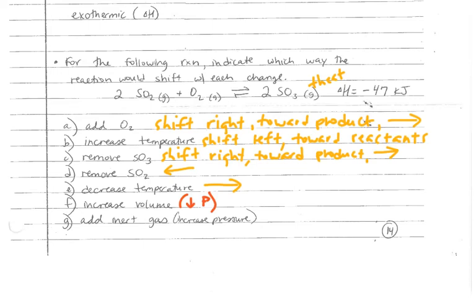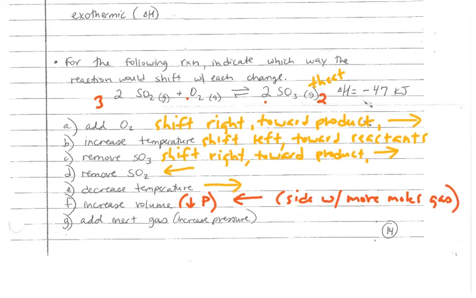If you decrease the pressure, it goes to the side with more moles of gas. Well, there's 2 plus 1, so 3 moles of gas on this side of the equation, 2 moles of gas on this side. So it will go towards the reactant side, the side with more moles of gas.